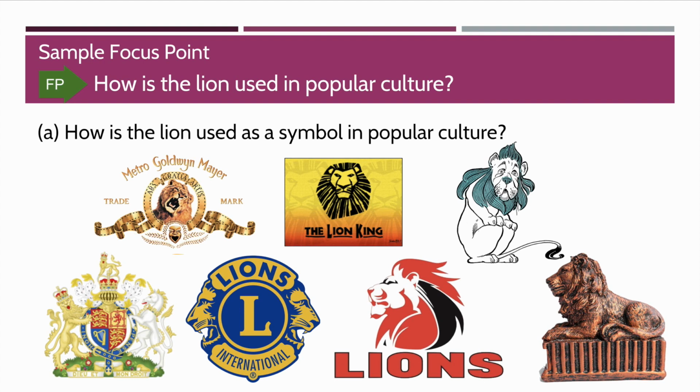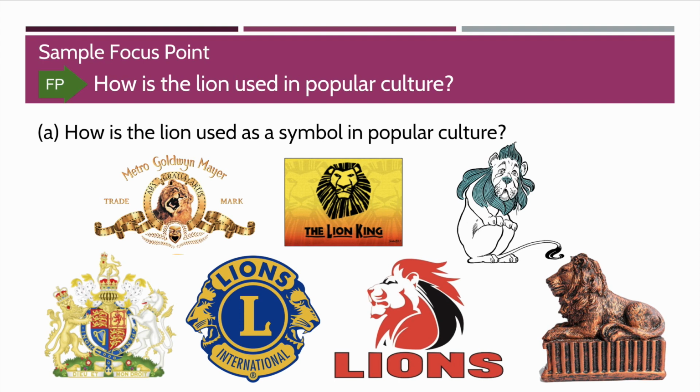In The Wizard of Oz, there was the Cowardly Lion. The British coat of arms includes a lion. Then there's Lions International. That's a charity group. Lions rugby team. And as Hong Kong people, we all know HSBC uses the lion as an important symbol.